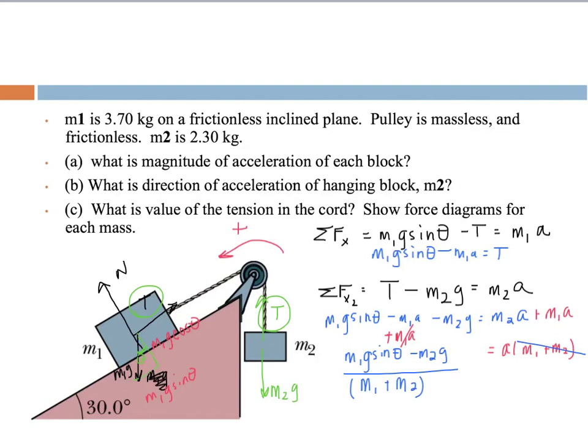When you put all your numbers in, you're actually going to see that you'll have a negative acceleration. What that means is that your objects are not actually going to accelerate in this direction. They're actually going to be accelerating in the opposite direction. But this equation is true every time that you designate the left to be positive.